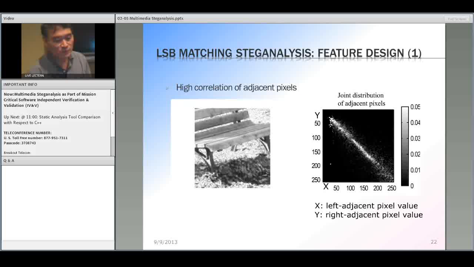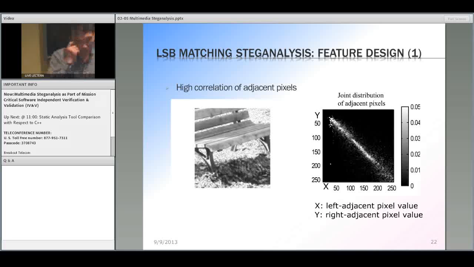Anyway, to conclude this section, one basic heuristic is to look at the correlation of adjacent pixels in ordinary, innocuous images. Adjacent pixels are highly correlated, right? Indicated by this pretty bright band on the main diagonal, which represents the correlation of adjacent pixels.